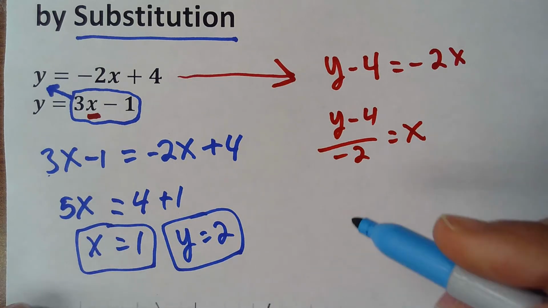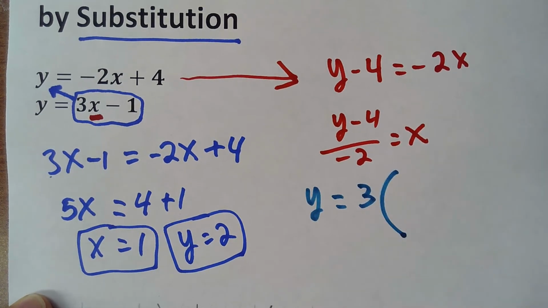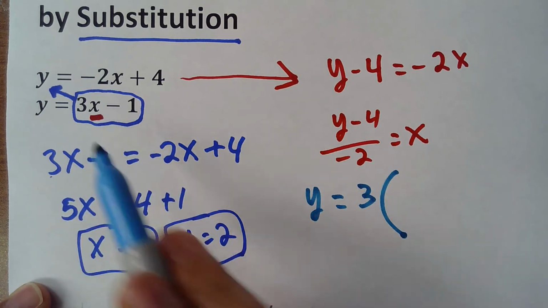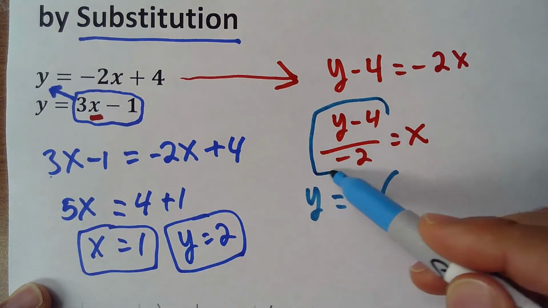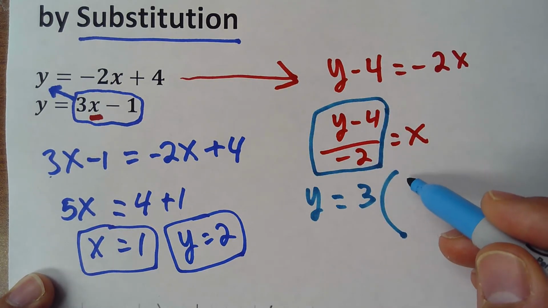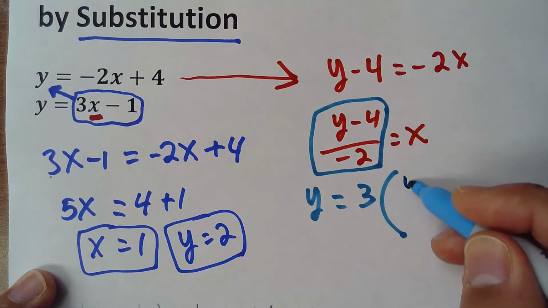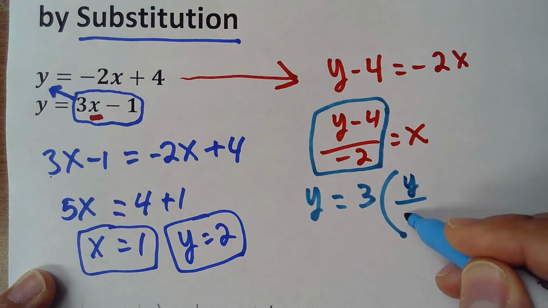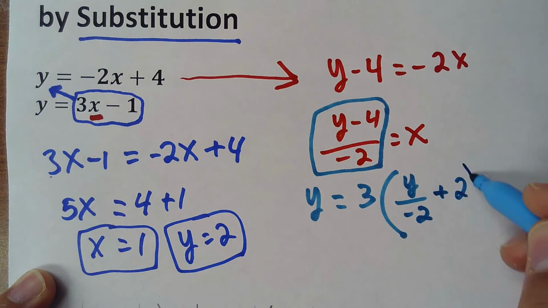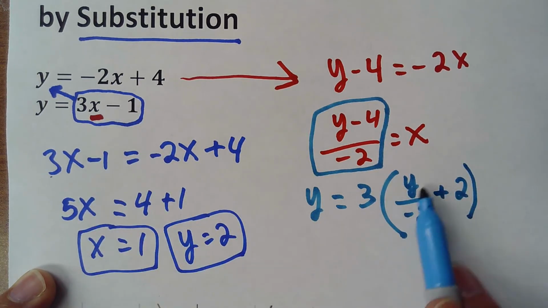So we write now y is equal to 3 times x minus 1, as you see here. Where x is, we write what we isolated for x. So the value of x will be y minus 4 over negative 2, and minus 1, because this is only the 3x.